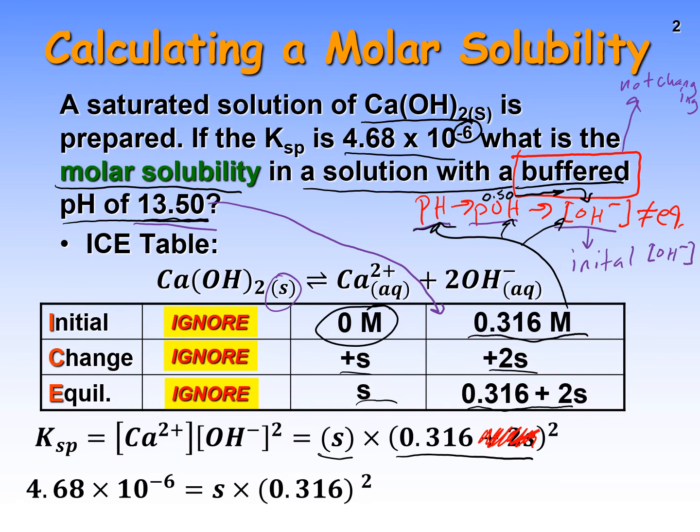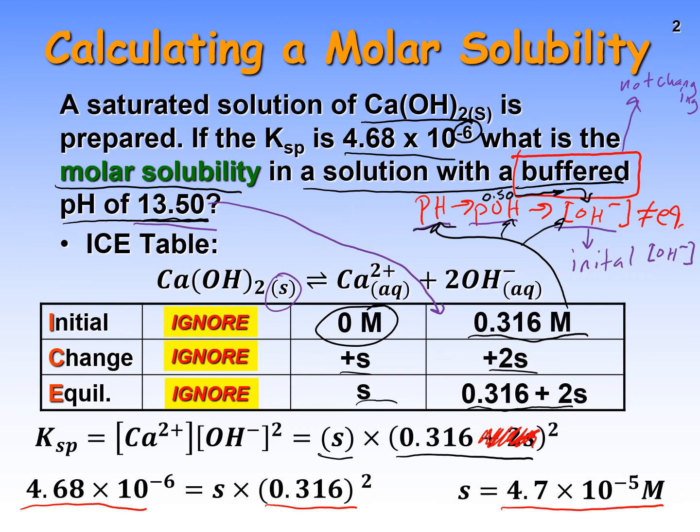This makes the solution pretty simple. We have 4.68 times 10 to the negative 6 is equal to S times 0.316 squared. So we just divide the 0.316 squared over onto the other side, and we can get our solubility, which is 4.7 times 10 to the negative 5.